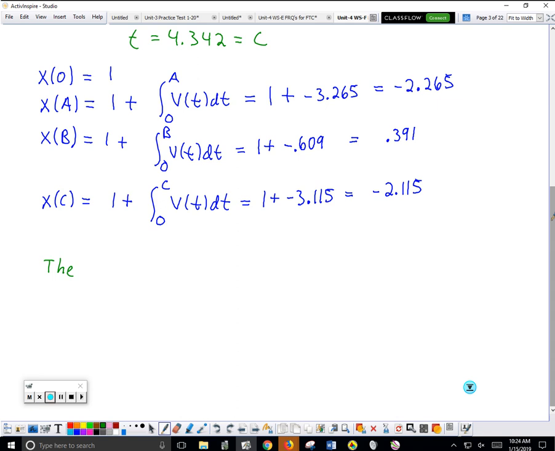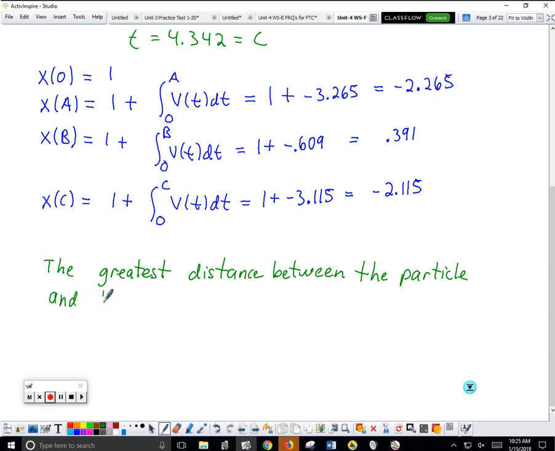The greatest distance between the particle and the origin is, distance would be a positive number, so 2.265. No units on this problem.